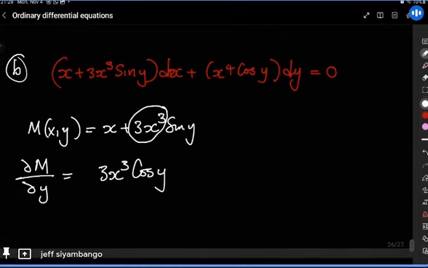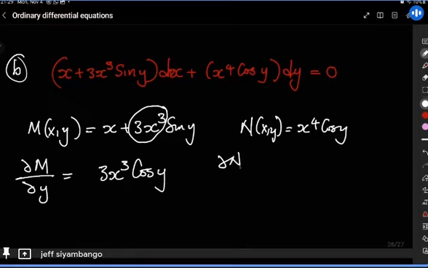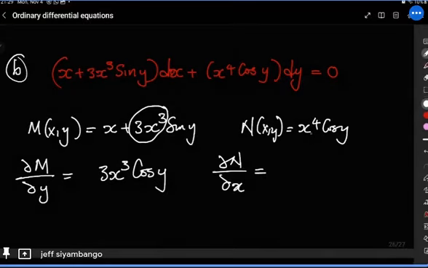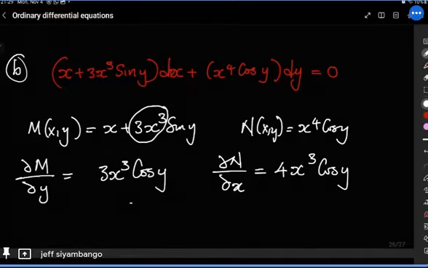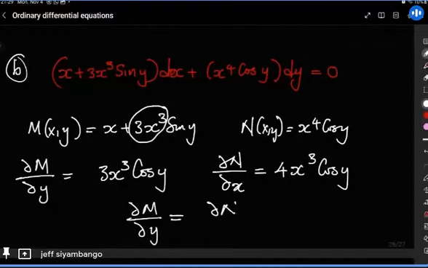Next, N, and this will be x^4 cos y. We get partial N, partial x. So this will be the 4 multiplying down here, 4x^3 cos y. Now when you compare the two, is partial M, partial y equal to partial N, partial x?